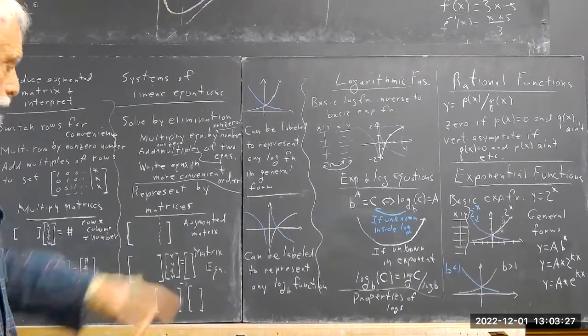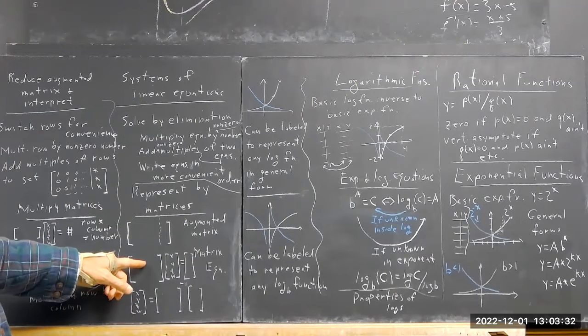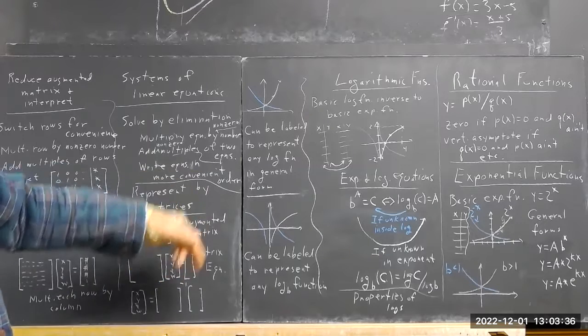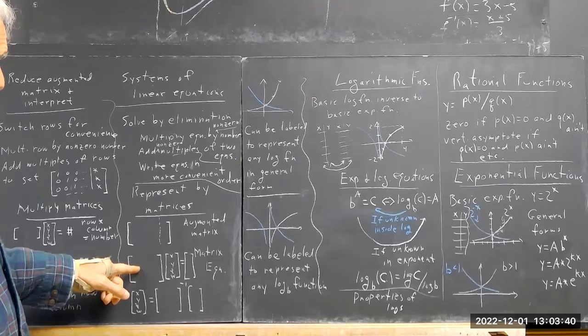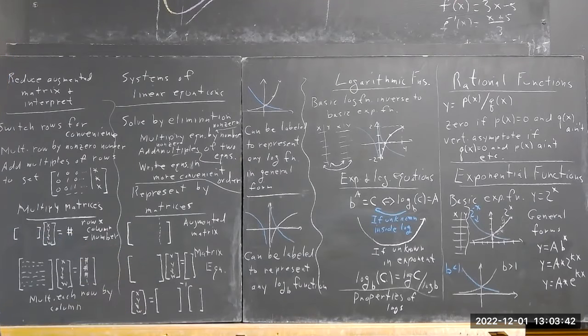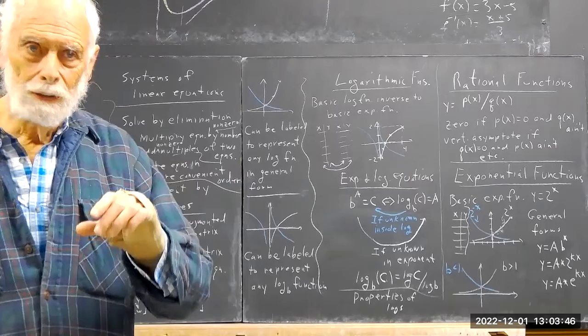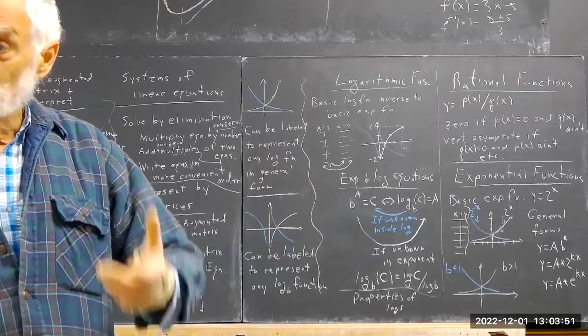The neat thing about matrix equations is you can write this matrix times this column equals the set of numbers to the right of the equal sign. You can multiply both sides by the inverse of this matrix. Just like if you're doing 5x equals 17, you multiply both sides by 1/5.